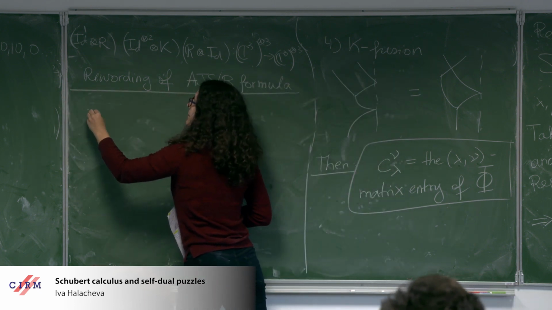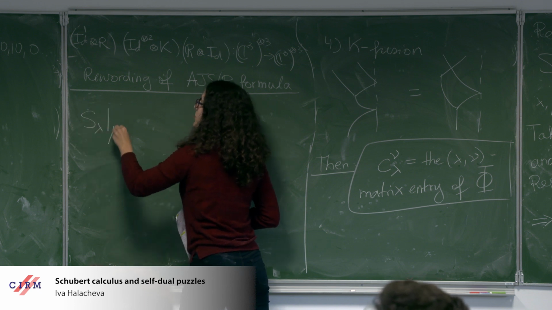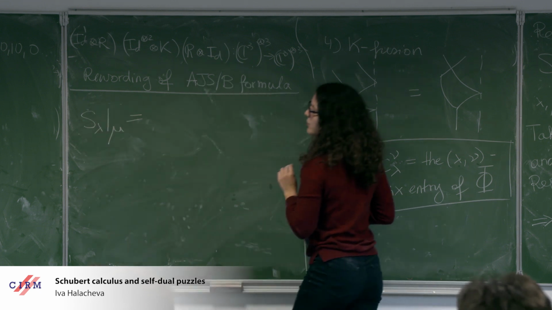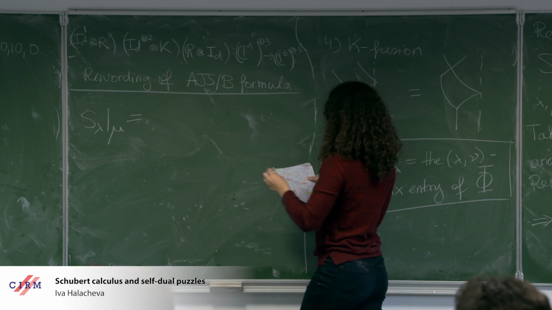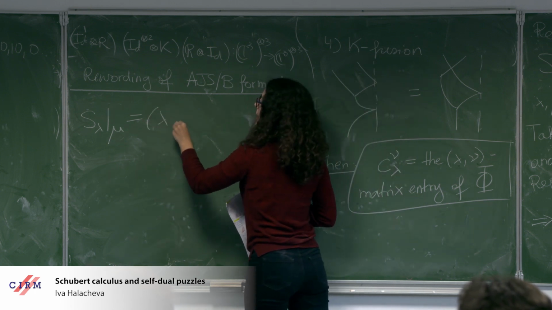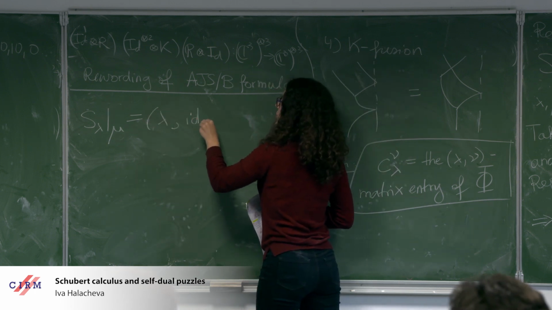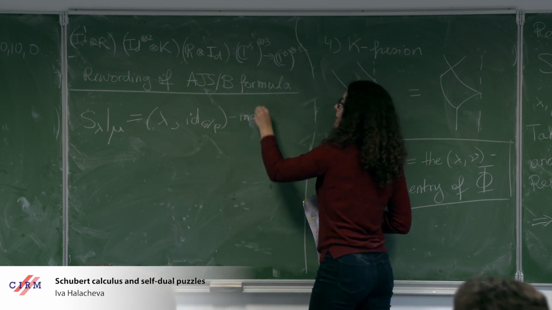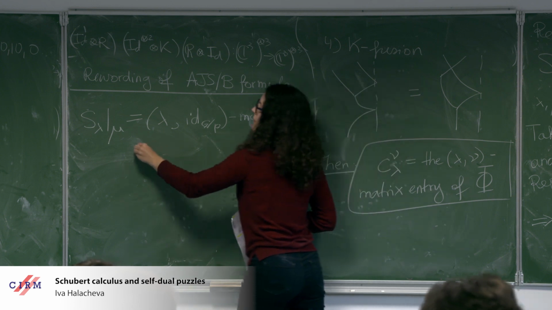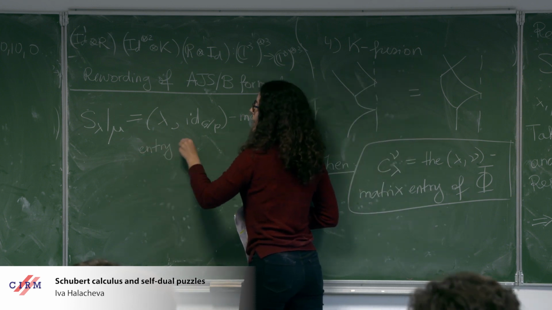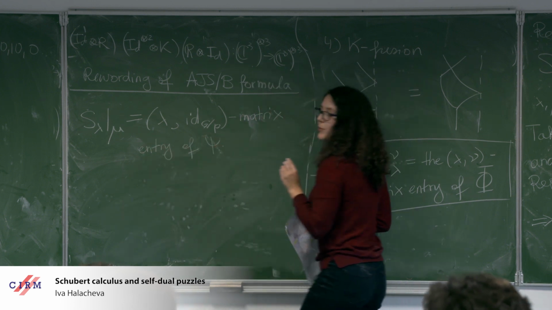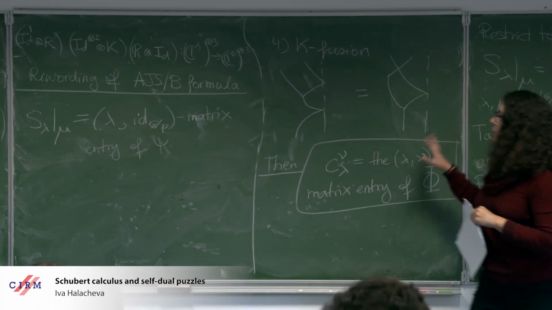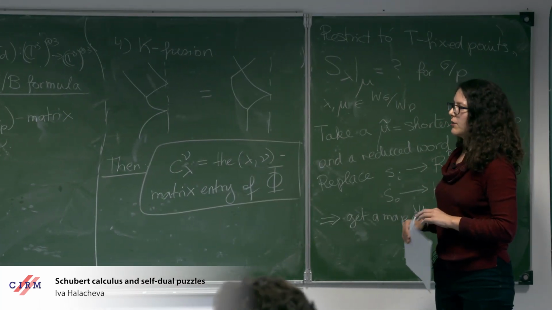So S lambda restricted to mu is equal to the lambda, identity on G mod P matrix entry of psi. So we can compute this restriction to T-fixed points also using these string diagrams.